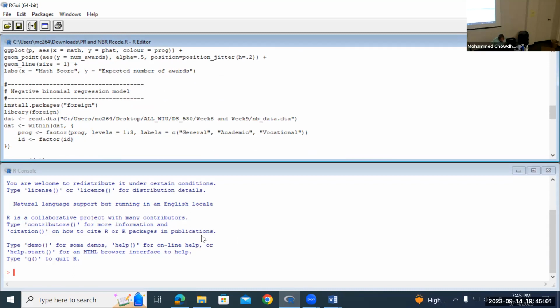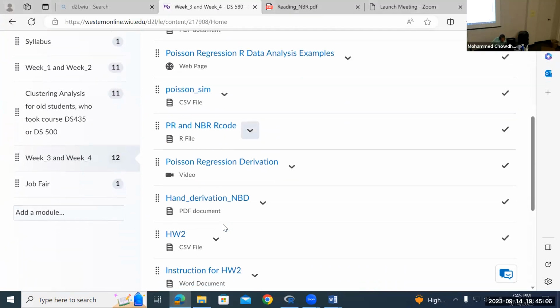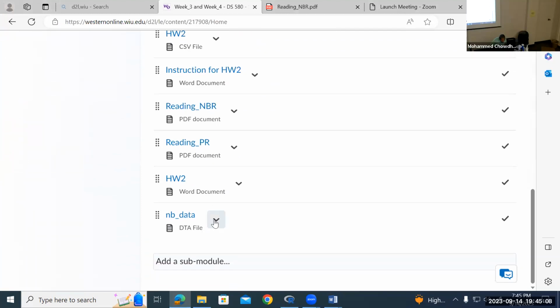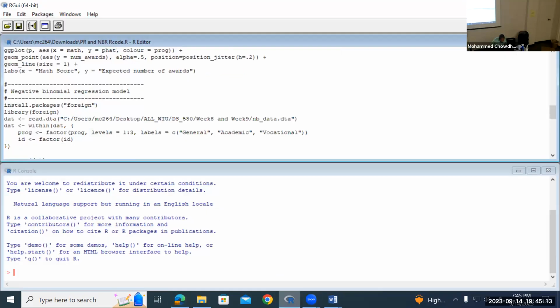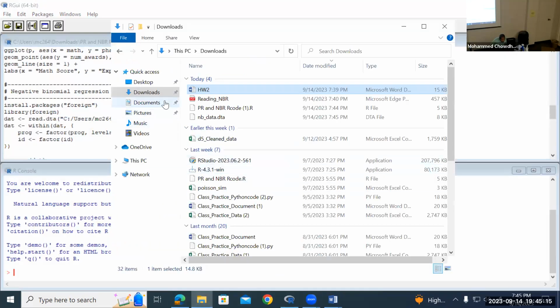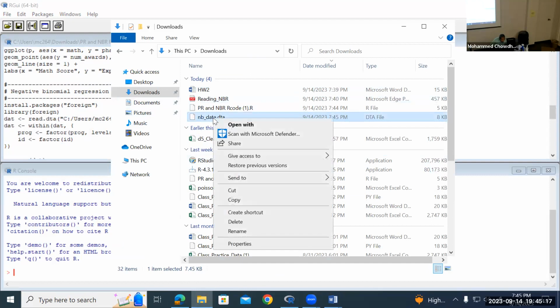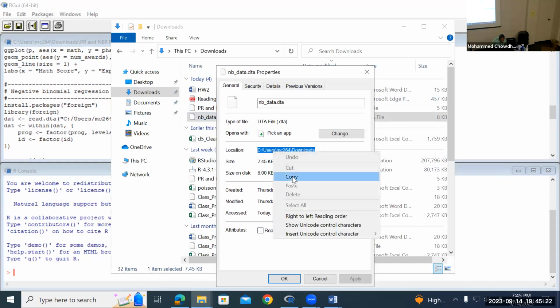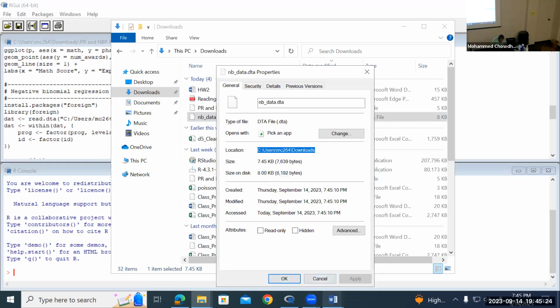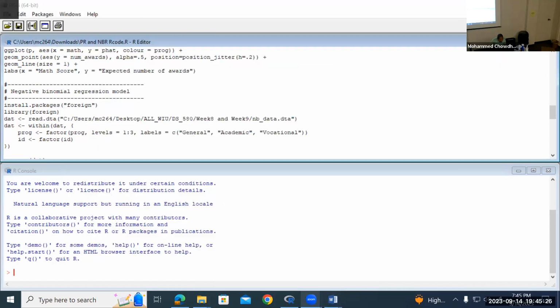So now let me see. I have to download that data as well. Download that data. Now go to the download folder. That data. Just copy this. Here, control V.